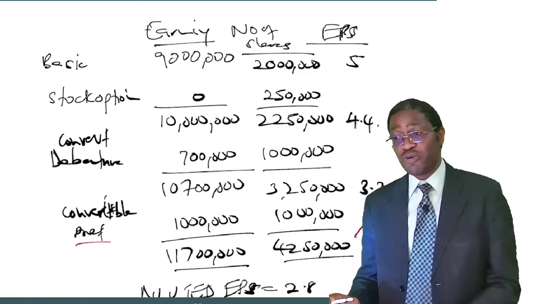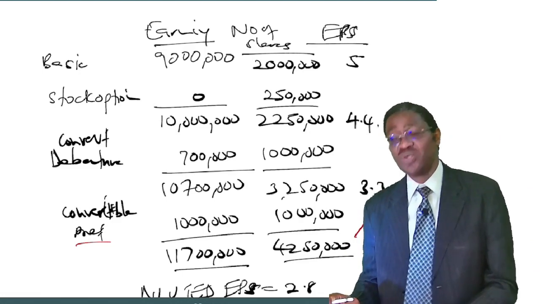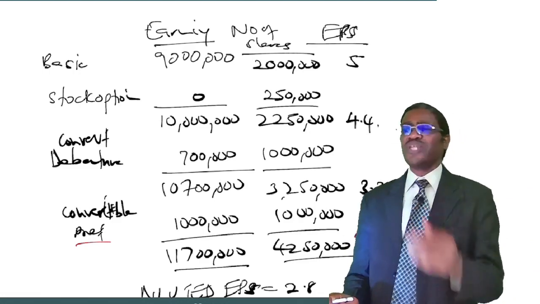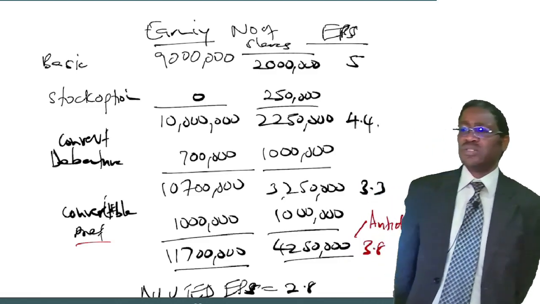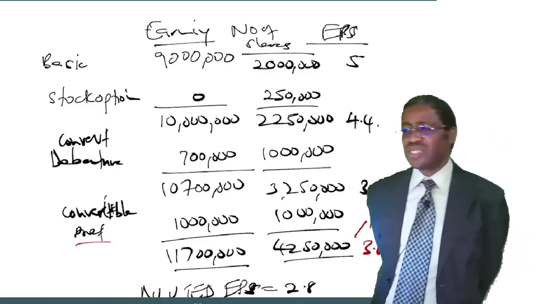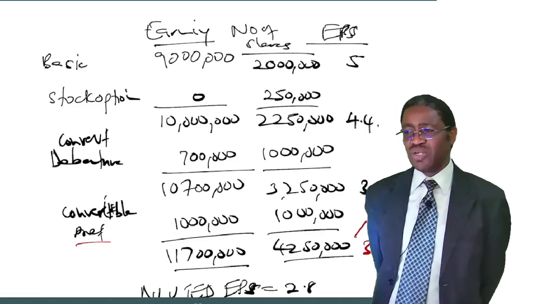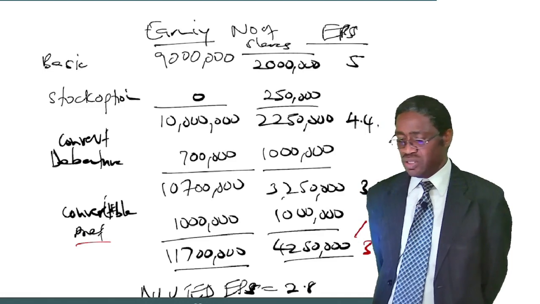That's what I'm trying to say. So it is important that when the question asks number A, basic EPS, how much was the earnings attributable to the ordinary? 10 million. So 10 million, you divide by the number of shares, 2 million. That is 5 shillings. Basic.